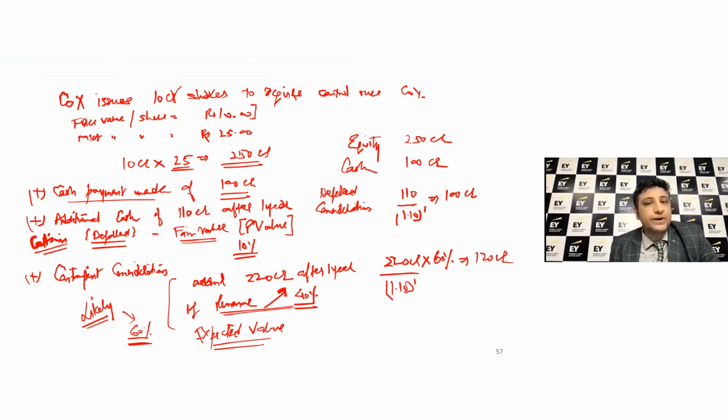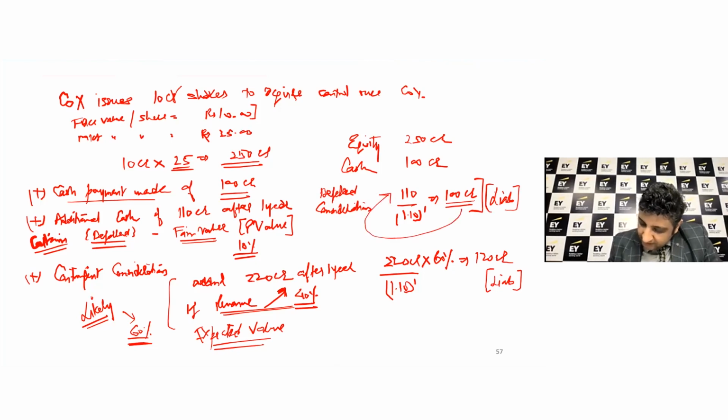Okay. Now, what you need to remember here is that this is a liability to be paid, and this is also a liability to be paid. Okay. They are both liabilities. But this 100 will surely become 110 after 1 year. But this 120 either becomes 220 after 1 year, or it may become nil after 1 year.